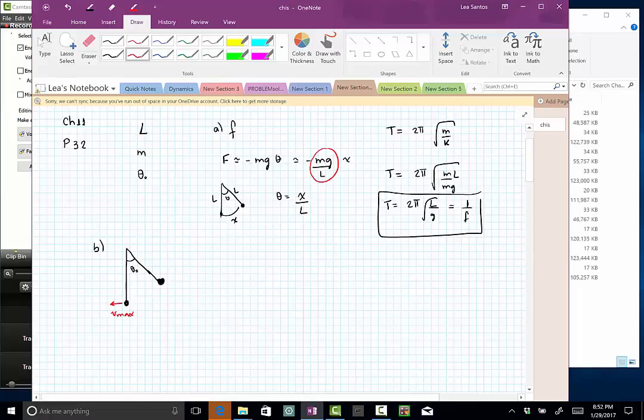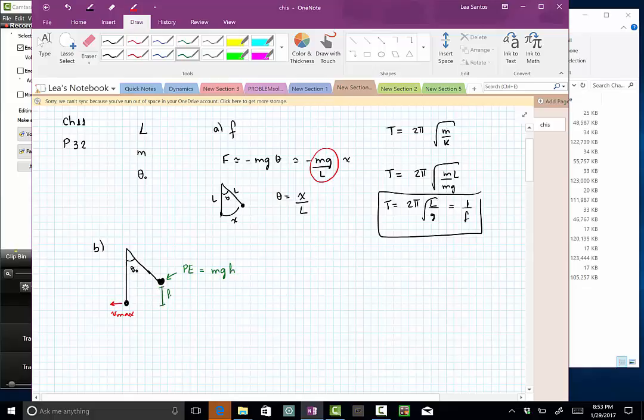We can use conservation of energy, just as we did for the spring. But what we need to remember now is that we don't have elastic potential energy, but gravitational potential energy. We start at this point with maximum gravitational potential energy, which is mg multiplied by this height here.